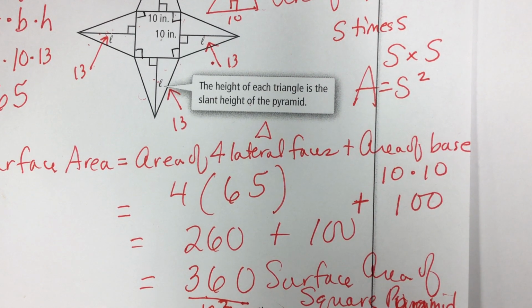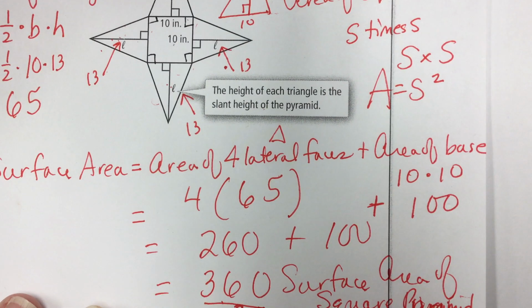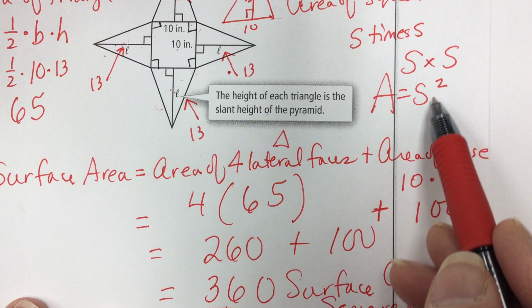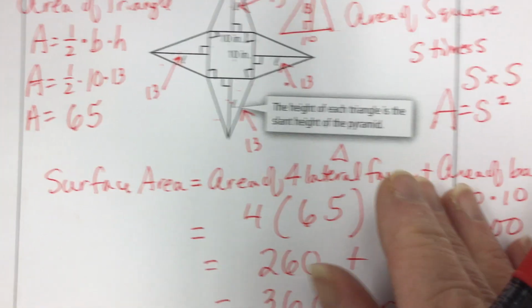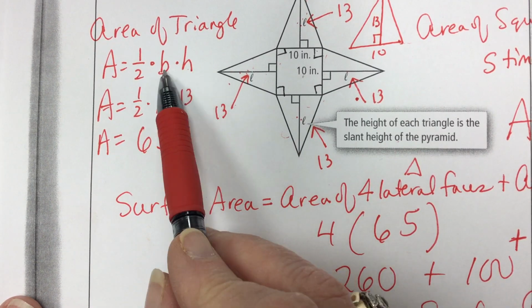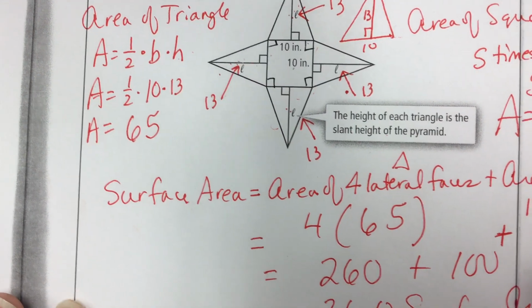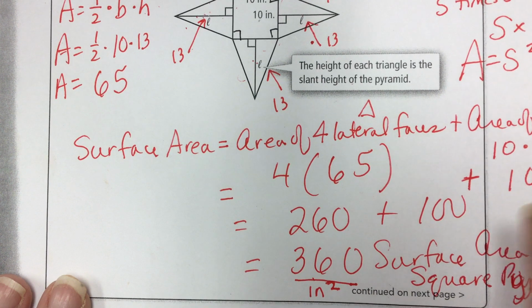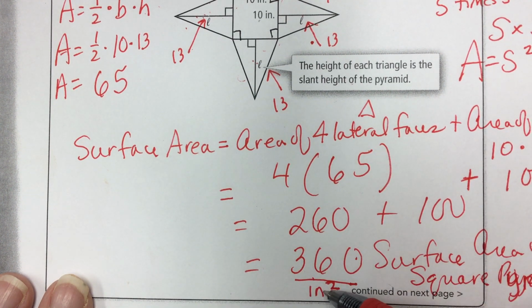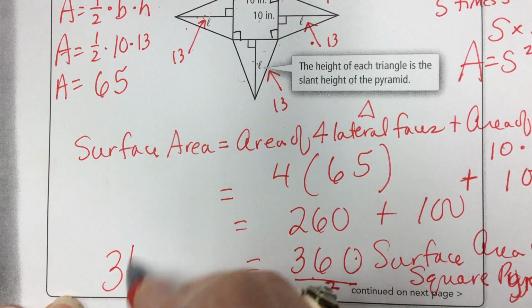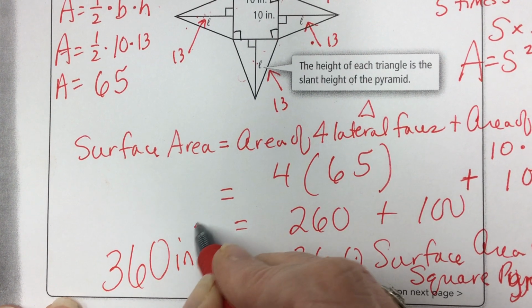Any area is squared. Surface area is squared, because when we were multiplying side times side, we got inches squared. When you were multiplying base times height, inches times inches, you get inches squared. So any area is squared. So your final answer is 360 inches squared. I'm going to write it to the side, 360 inches squared.